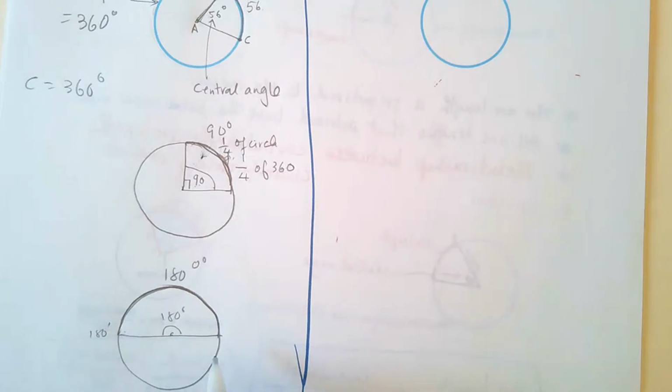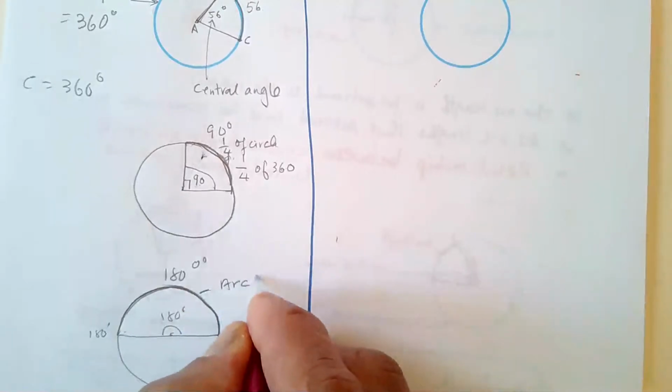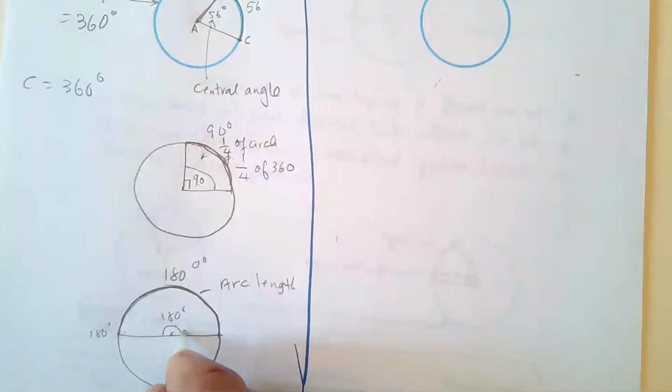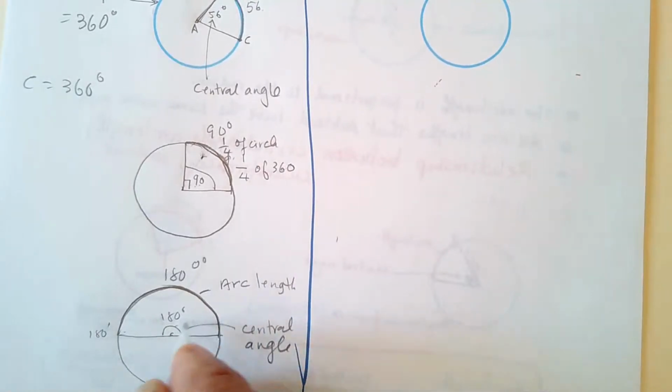So that's why we consider arc length. The arc subtends the central angle, they're equal.